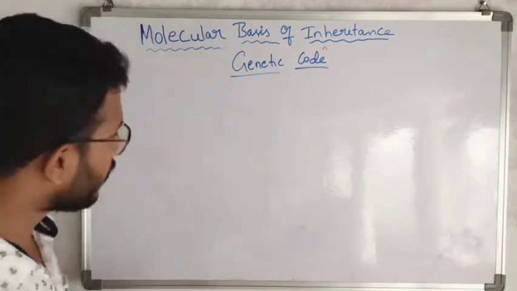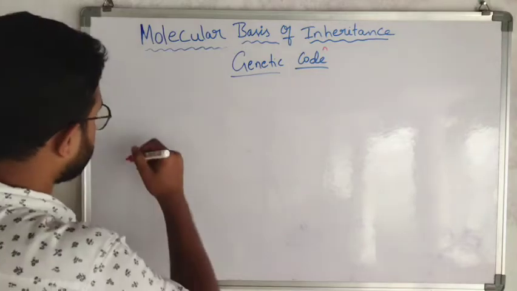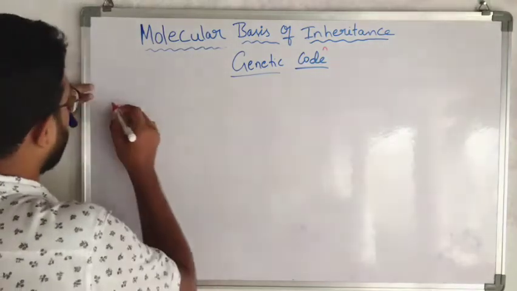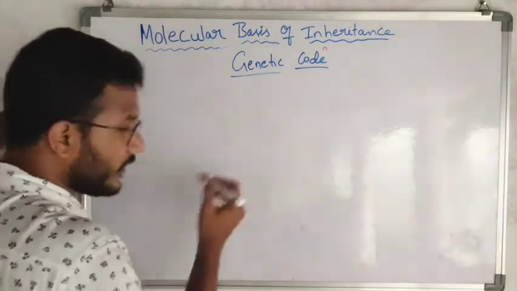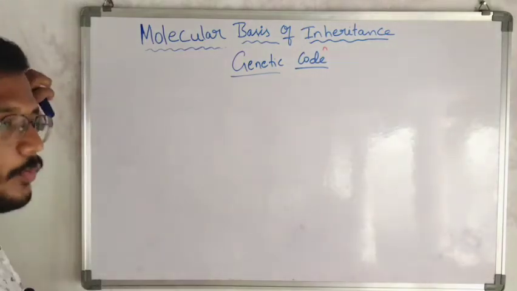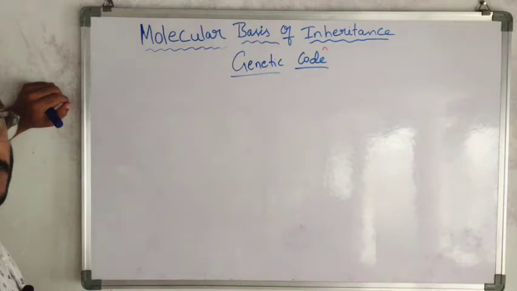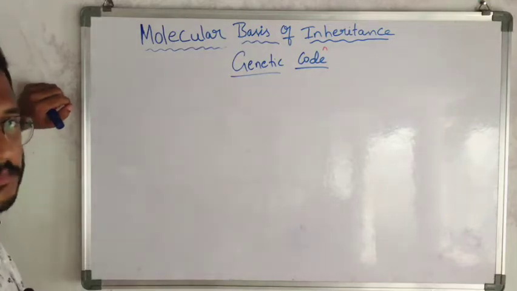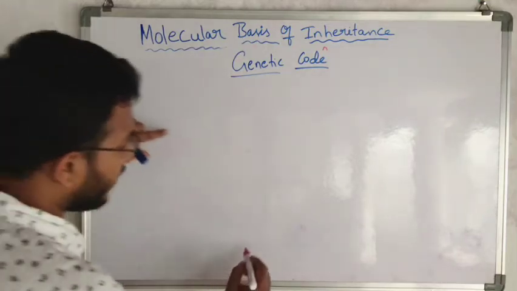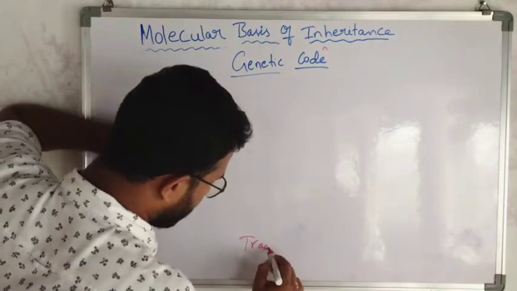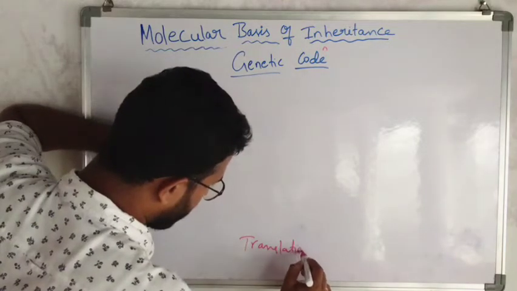So here we have to know how the amino acids will be formed and how many codons are there for the amino acids. We will see the translation process now. So this is the translation process.